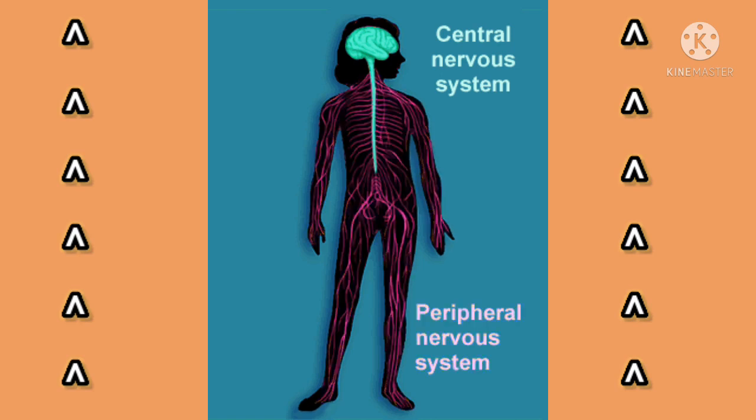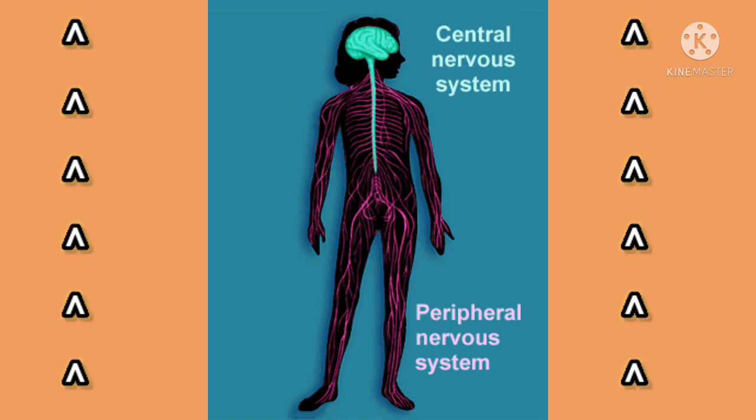Those nerves arising from the brain are called cranial nerves and those nerves arising from the spinal cord are called spinal nerves. So the peripheral nervous system consists of two types of nerves: cranial nerves and spinal nerves.